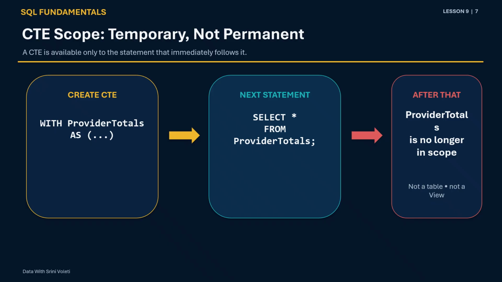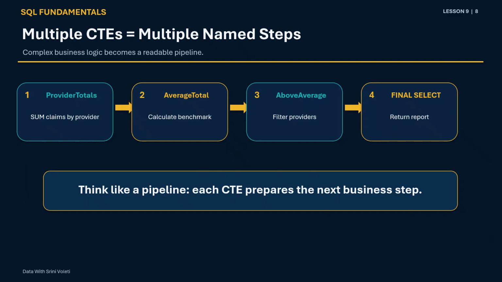The optimizer decides the execution strategy. For performance-critical cases, where you truly need to persist and index an intermediate result, a temporary table may sometimes be a more appropriate design. That is beyond our fundamentals implementation, but I wanted you to know the horizon. For today, CTE scope is equal to the statement immediately following it.